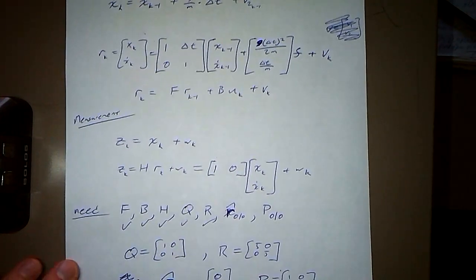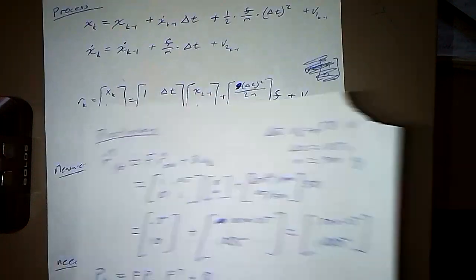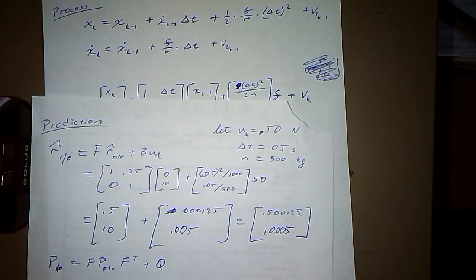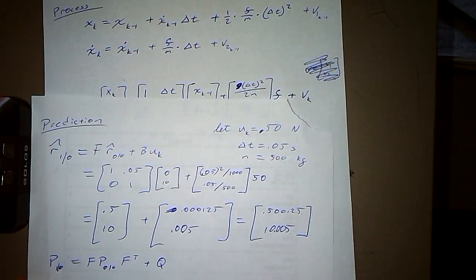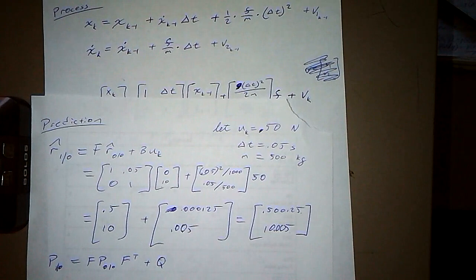And we said that Q was the identity matrix also. Okay, so there's the identity matrix Q.